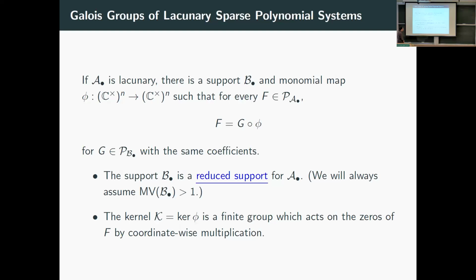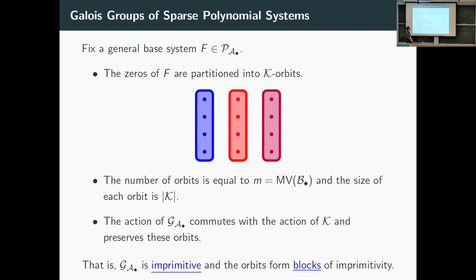So what this means is that we can partition the zeros of F. The zeros of F are partitioned into orbits of this K action, or partitioned into K orbits. And so the number of these orbits is equal to the mixed volume of our base system, and the size of them is equal to the size of that kernel. And so again, you can see this by example.